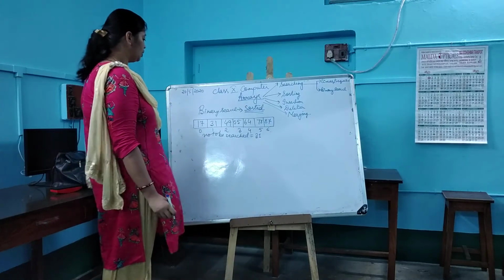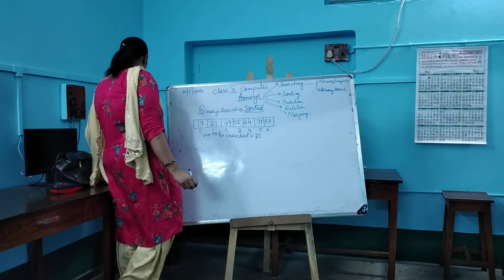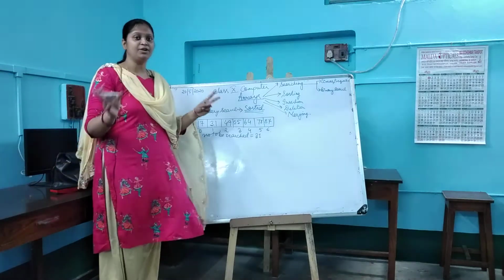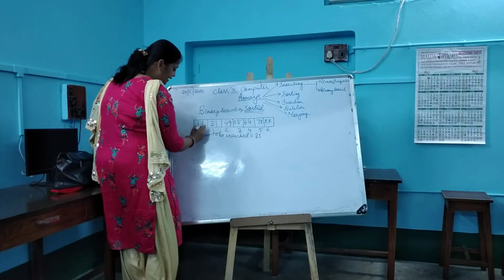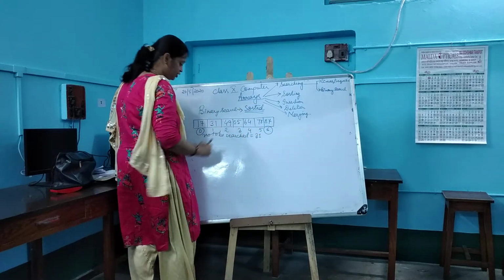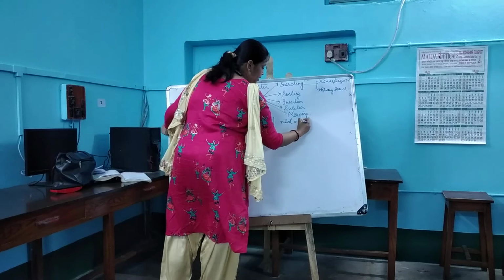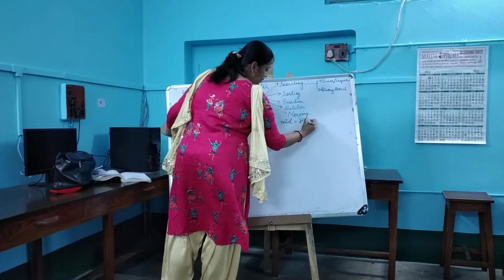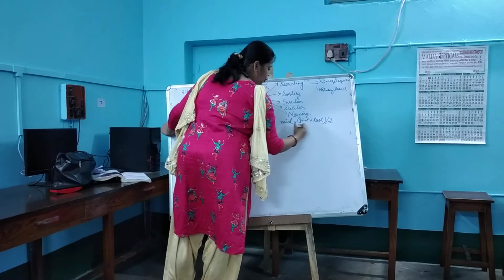Now, as I said, in case of binary search, the list is divided into two equal parts. So how to divide the list into two equal parts? We take the first position and the last position, and we have to find the mid position. So first plus last divided by 2.